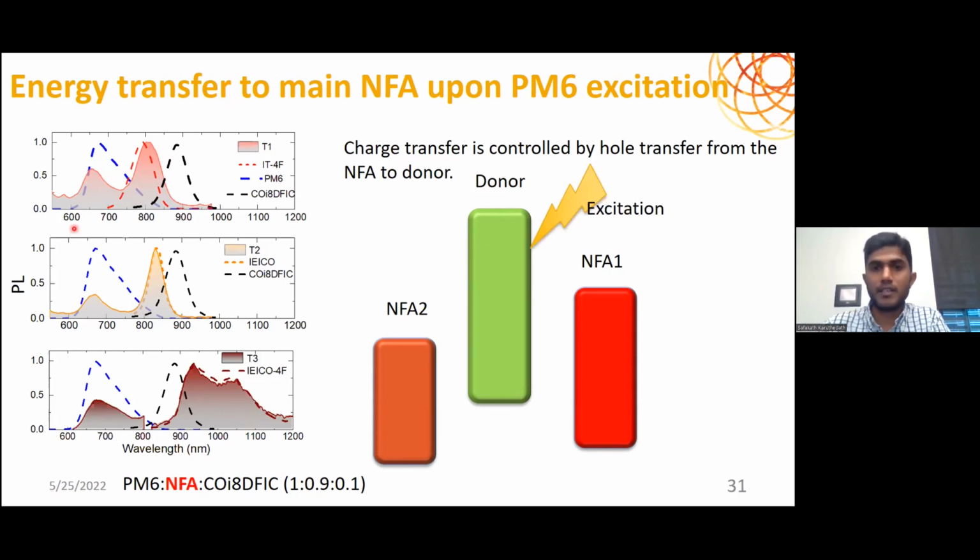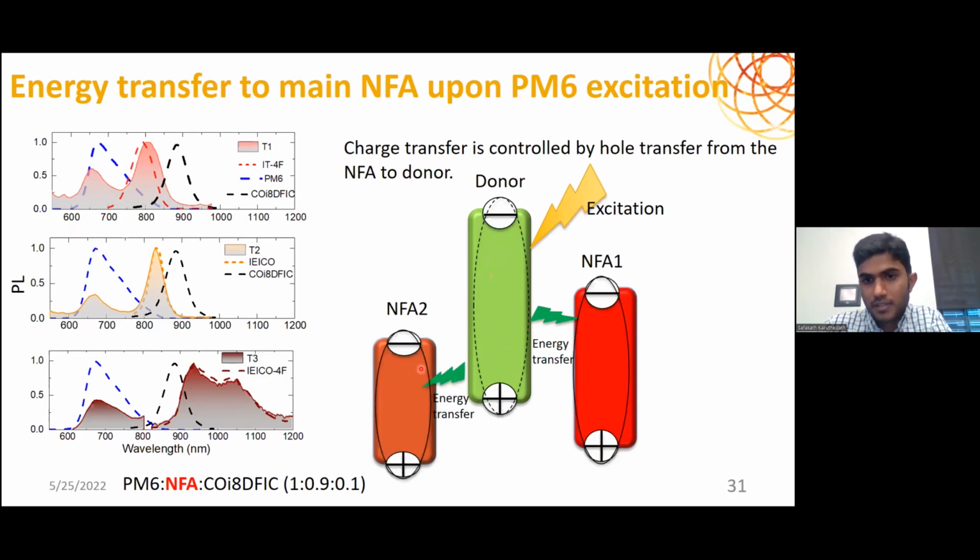So what happens here is, when you excite the donor material, it creates excitons, and it does energy transfer to both NFA materials, depending on the overlap of the material systems. And then we will have a hole transfer or charge transfer via hole transfer from these two systems.